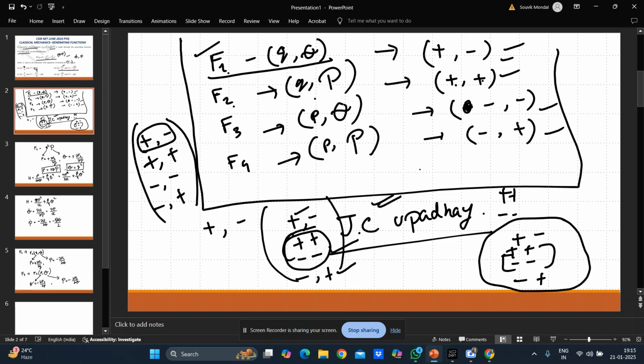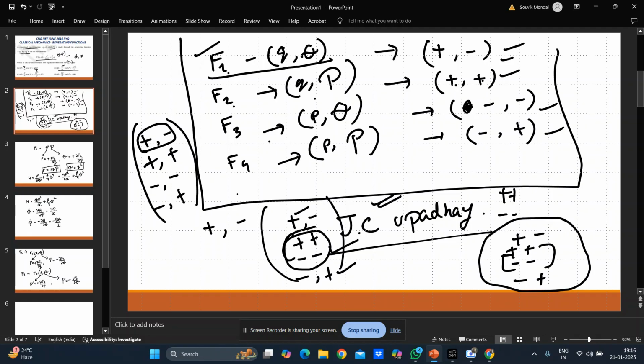But as you know, the NET and GATE exams are very near, it's almost less than a month now. And problems from generating functions are coming. You can see in NET PYQ also, in December 2023 there is a problem from generating functions, and it's probably from F2 or F3, not from F1.